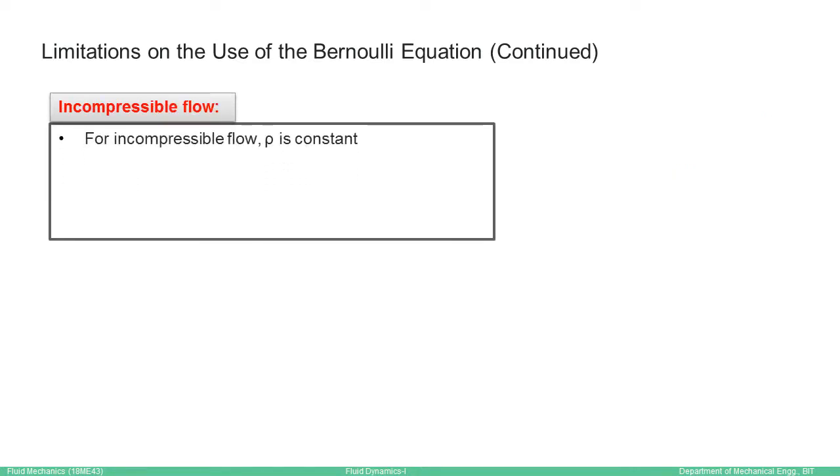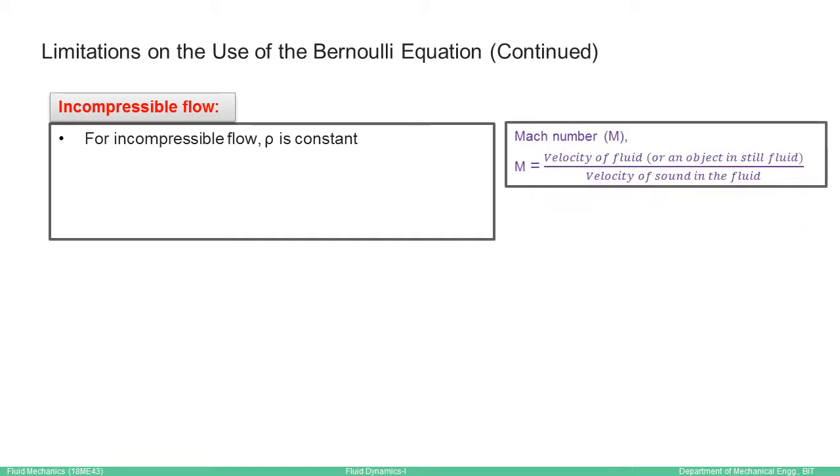We know that for compressible flow density will change, but for incompressible flow density rho is constant, and these compressible effects are better understood with the help of the characteristic number Mach, a dimensionless number. Mach number is the ratio of the velocity of fluid to the velocity of sound in the same fluid, or if it is a still fluid, the velocity of the object through that still fluid to the velocity of sound in the fluid.